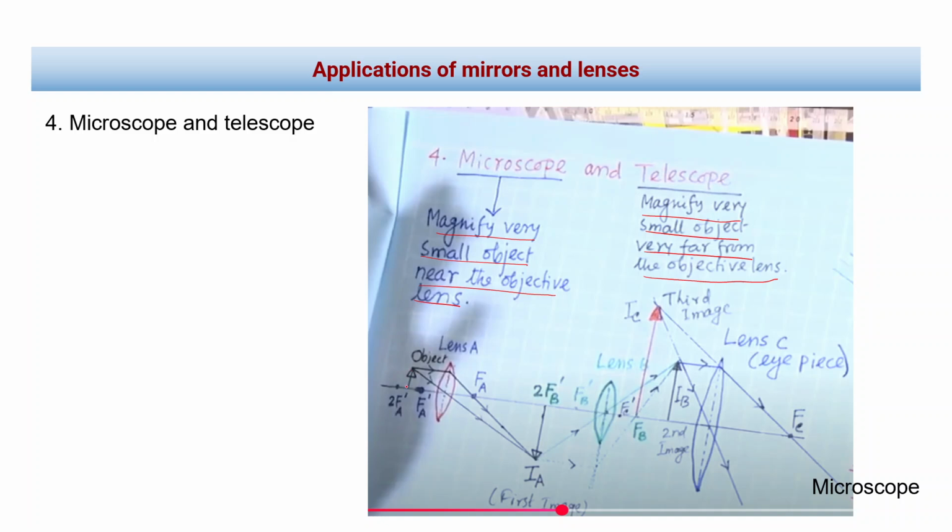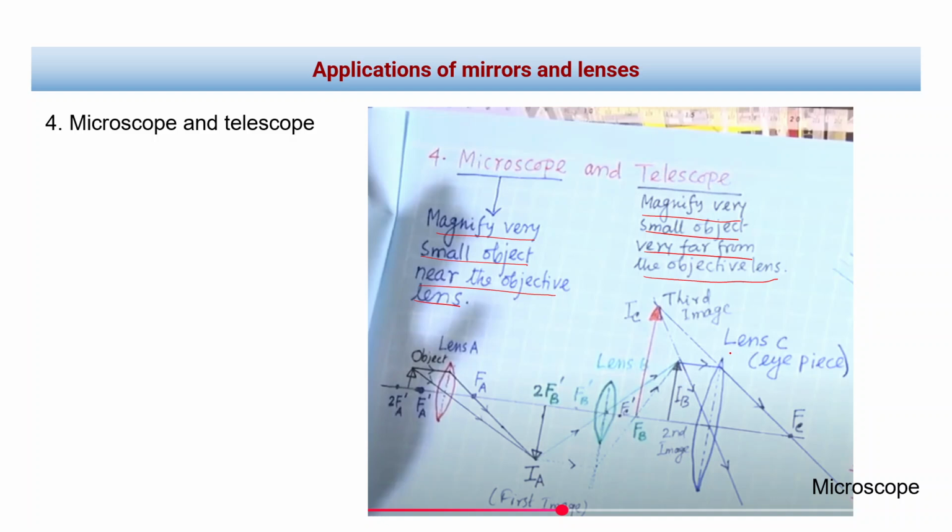This is our object, which is very small, and because it's kept at a distance smaller than the focal length, we get a real inverted image which is magnified. Then when we keep it at the center of curvature of another convex lens, we get an inverted image again, because this is the object for the second convex lens, so the image formed is inverted with respect to the object, and is again magnified.